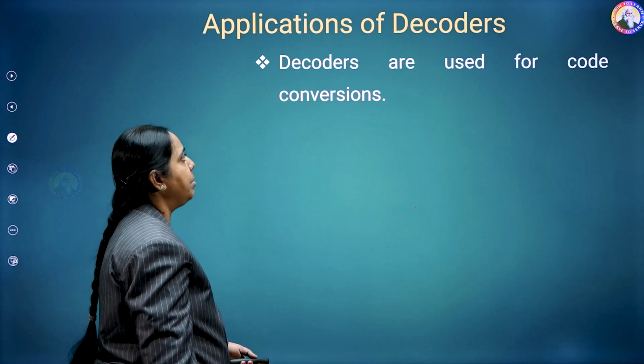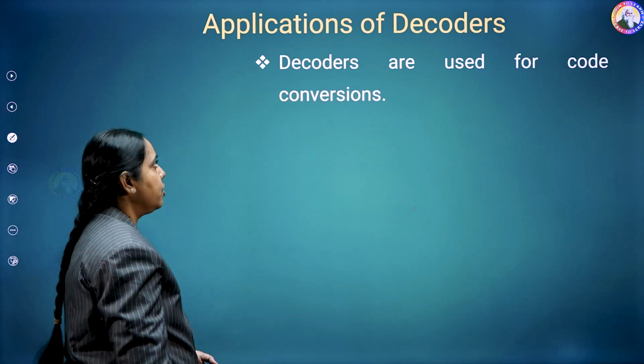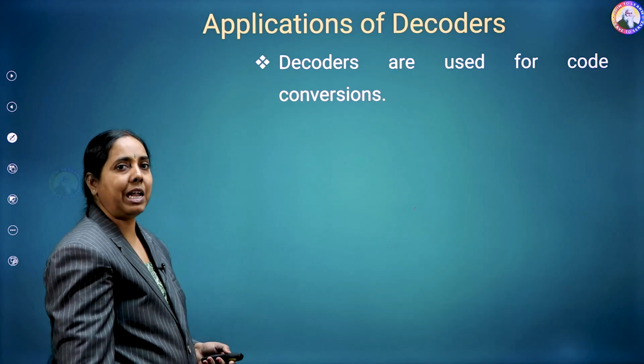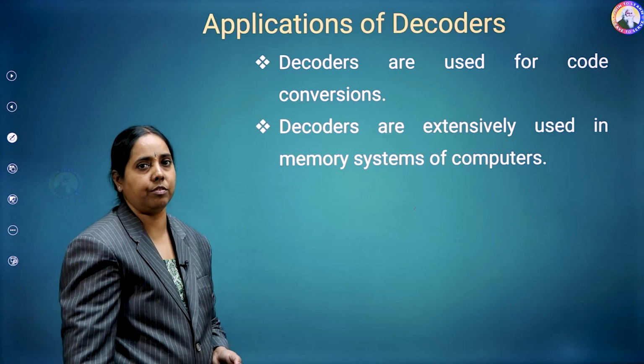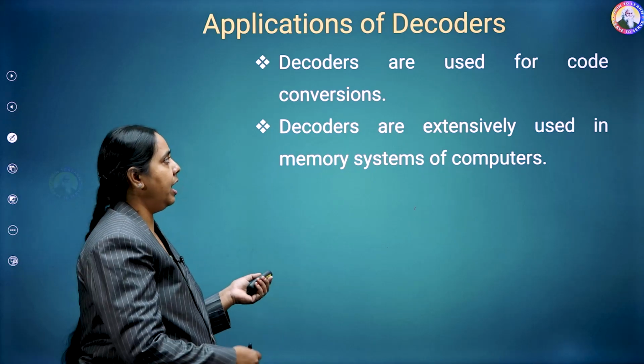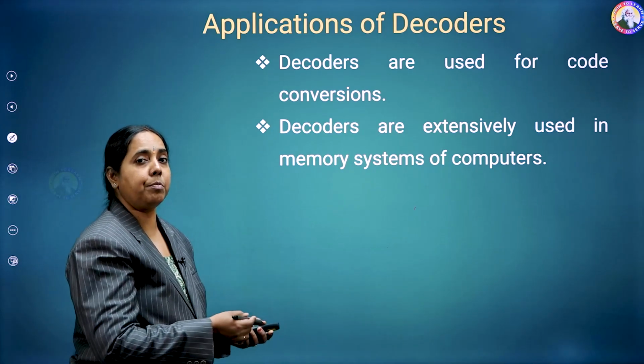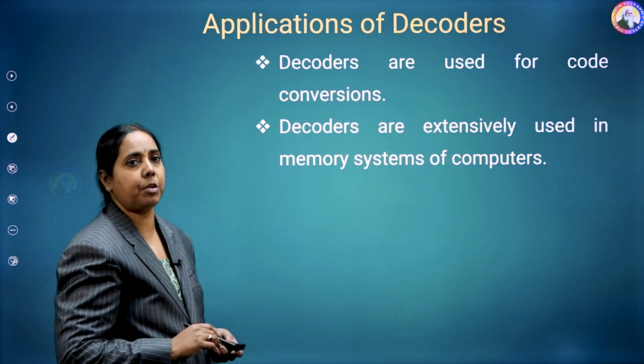Next, we will see the applications of decoders. These decoders are mainly used for code conversions. We have seen how n inputs are converted to 2 power n outputs.